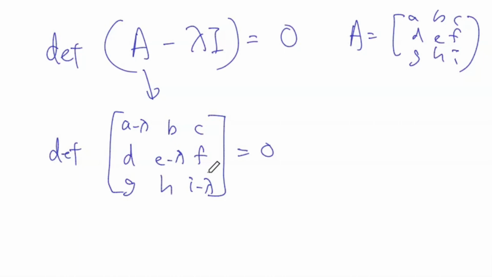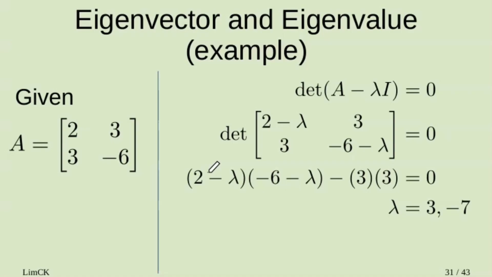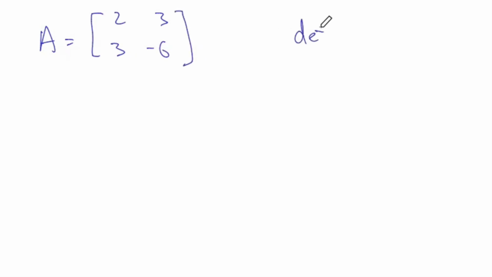Maybe let's look at this example. A equal to 2, 3, 3, negative 6. What I mentioned just now is that the determinant of A minus lambda I is equal to 0.